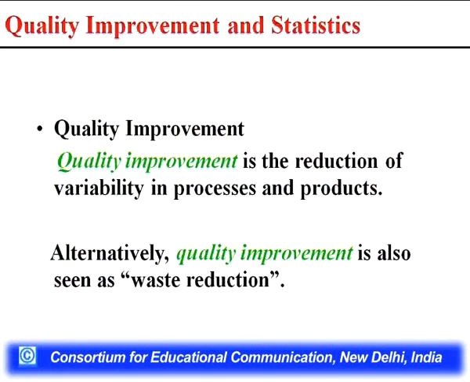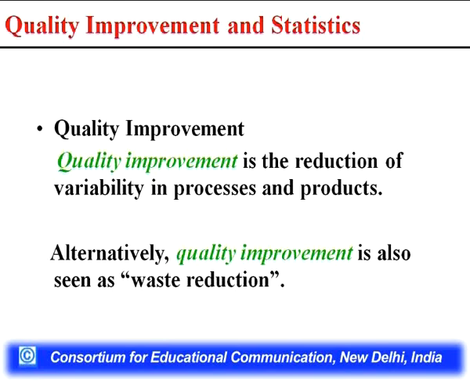One feels that at all levels quality should be maintained, if we talk of the processes, the product, and even service. Quality improvement and statistics: quality improvement is the reduction of variability in processes and products.